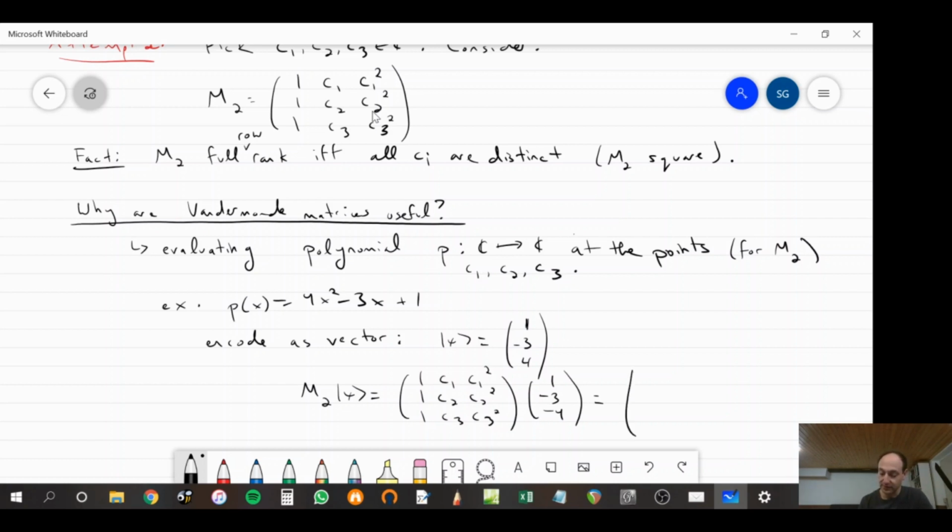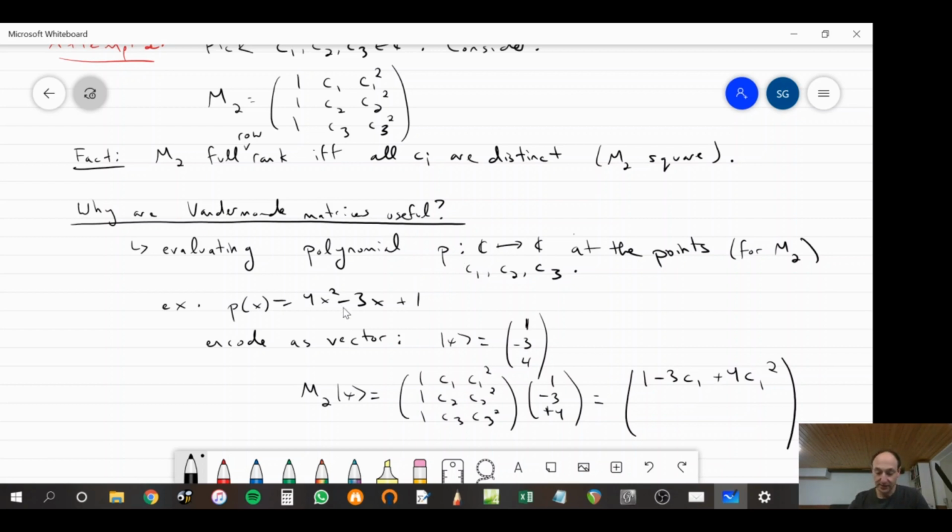Well, the first entry is basically 1 minus 3c1 plus 4c1 squared, whatever c1 is. I haven't chosen c1 explicitly. And now take a look at what this is versus what this is. Why do I have a minus sign in there? There should be no minus sign. This is a positive, so this is a plus.